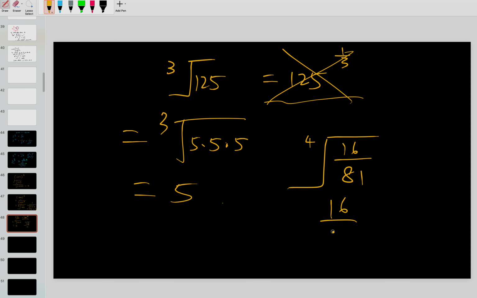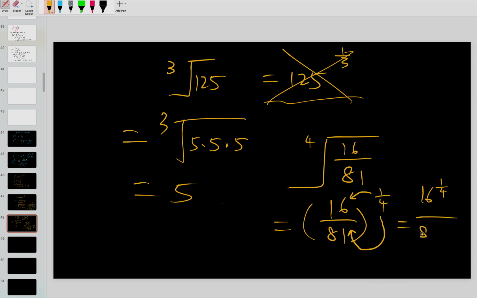So you do 16 over 81. If you change it to fraction power, what is this? What's the fraction? 1 over 4. Correct. Can you see once you have this, your 1 over 4 will go to the 16 and it will go to the 81 as well, right? So therefore you have 16 to the power 1 over 4, and 81 to the power 1 over 4, right? Yes.